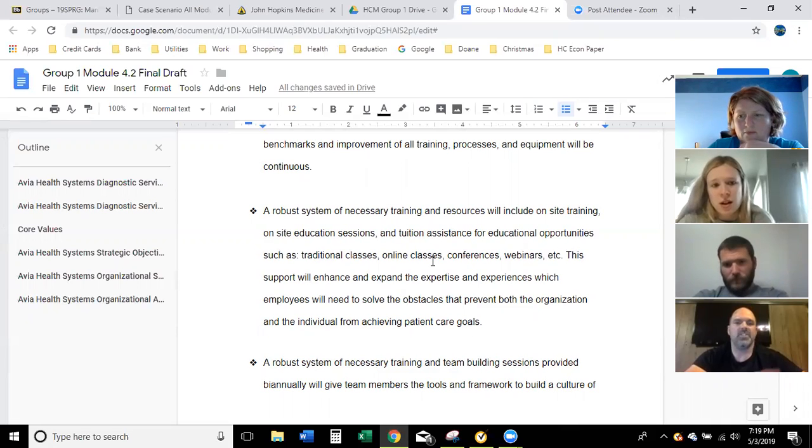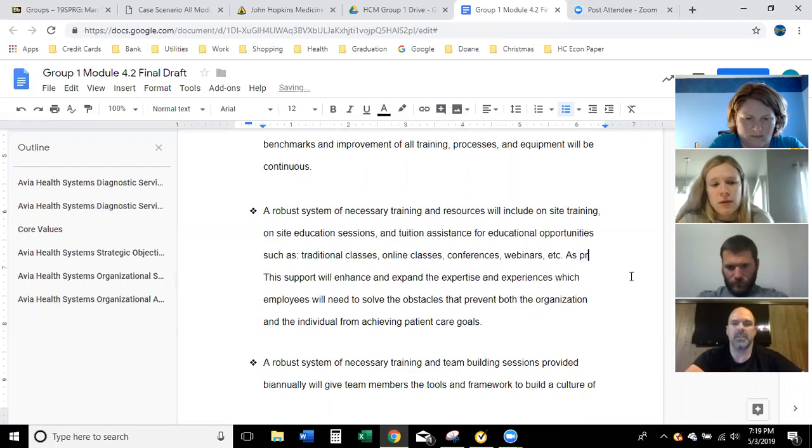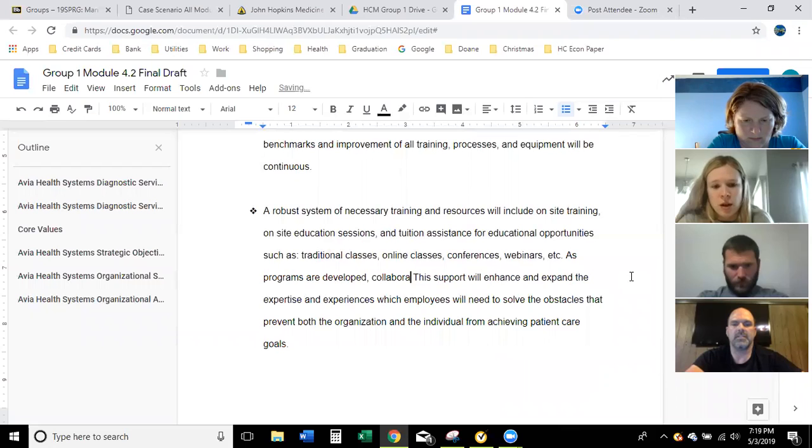And we could make a general comment that we would have to work with the finance department for a cost analysis as programs are developed, to see what's most economically feasible or something like that. I'm okay with that. I think that addresses their concerns without veering too far from the initial vision we had for the assignment.